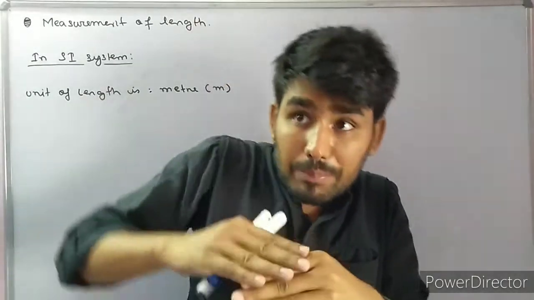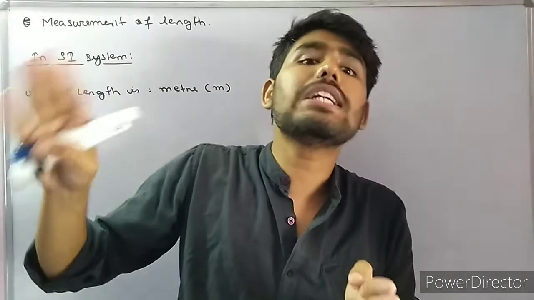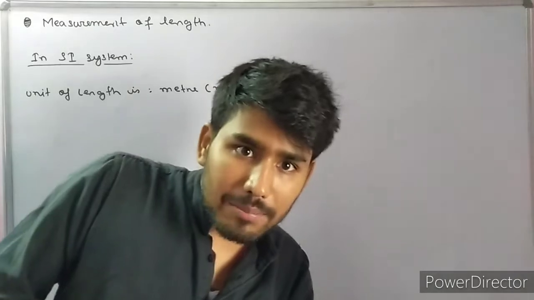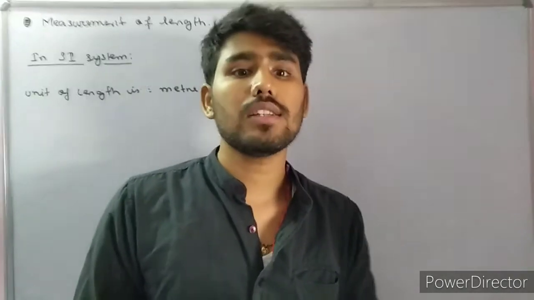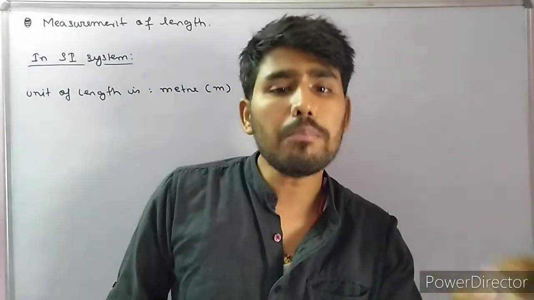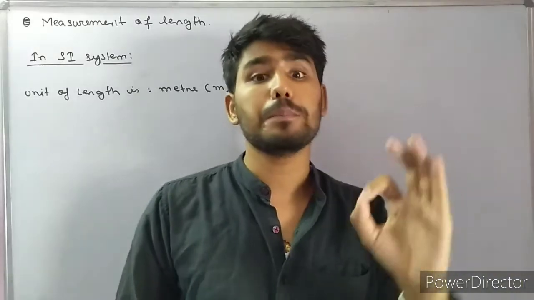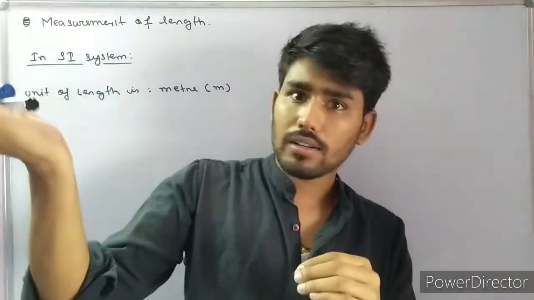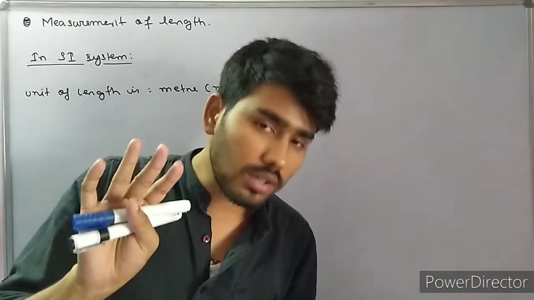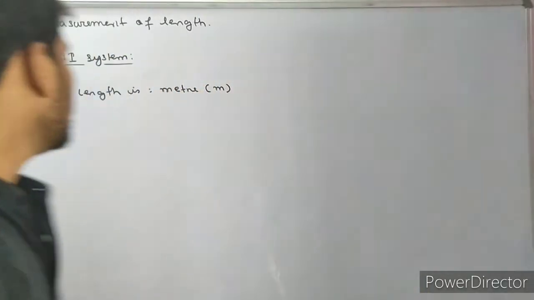The units which are bigger than meter are called multiples of meter, whereas units which are smaller than meter are called sub-multiples of meter. Bigger units are called multiples. Smaller units are called sub-multiples. Fine.